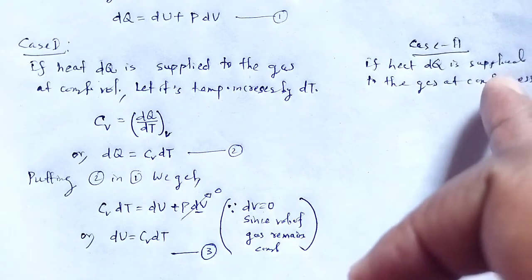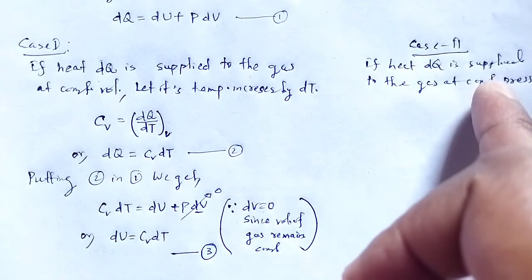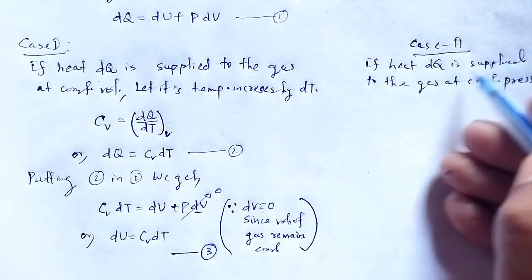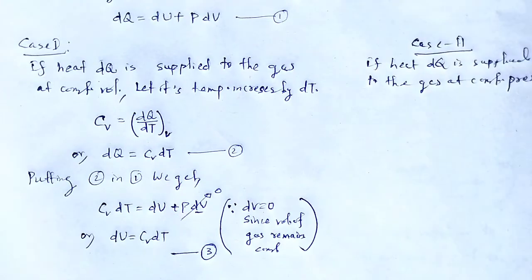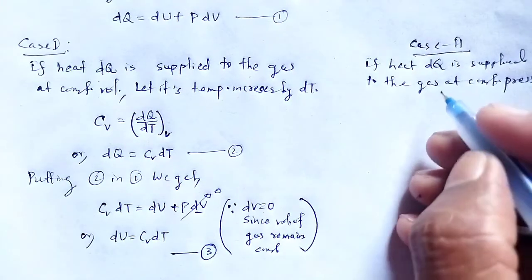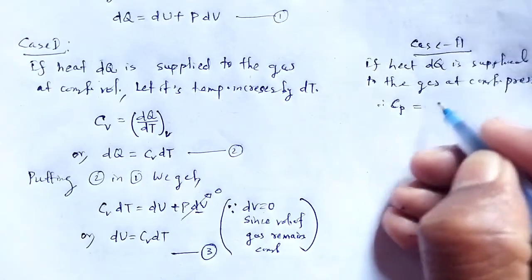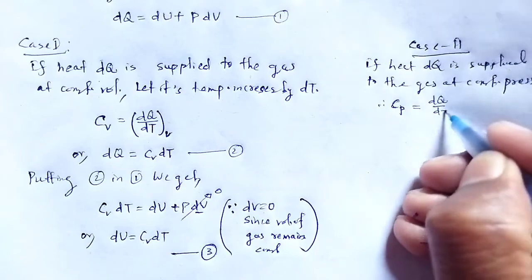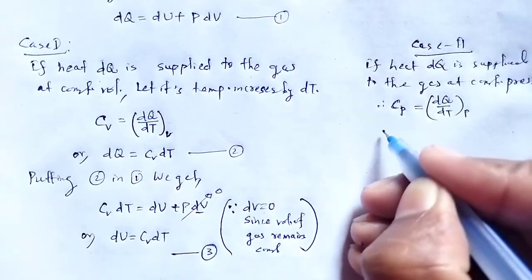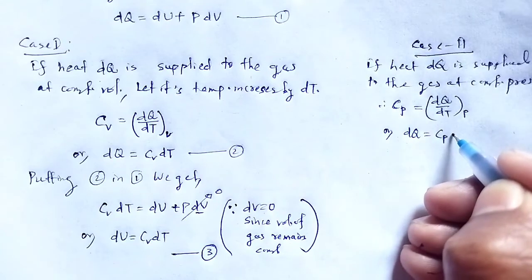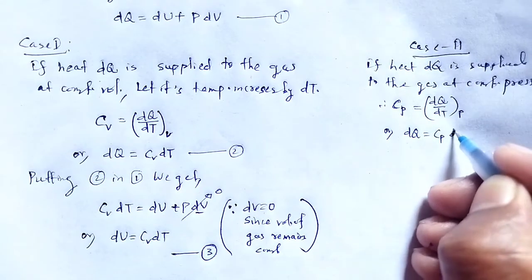Hence both the internal energy of the gas and the work done against pressure will increase. Therefore, the specific heat of the gas at constant pressure is dq by dt at constant pressure, so dq is equal to Cp dt.